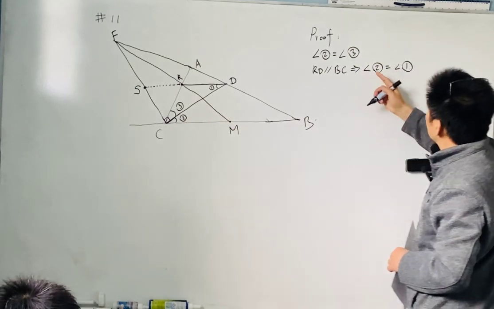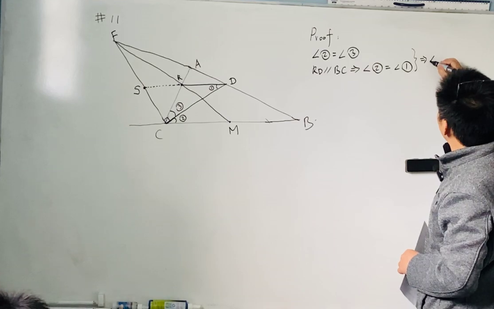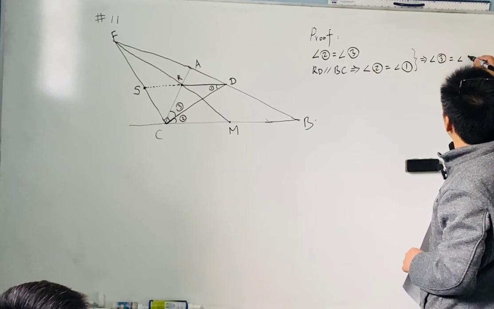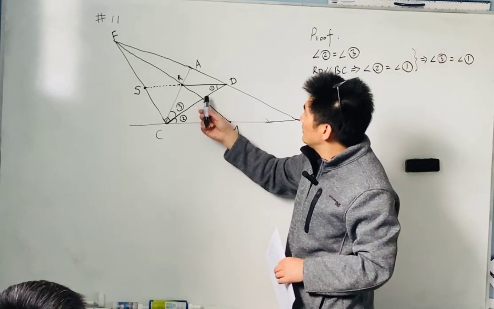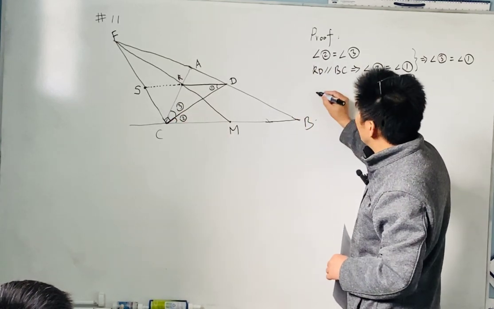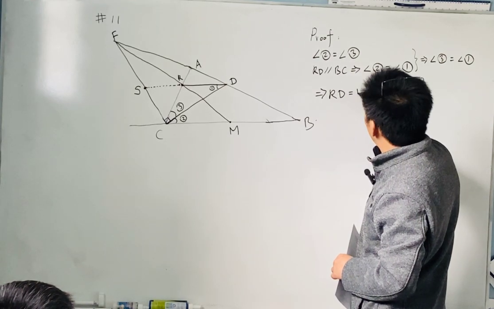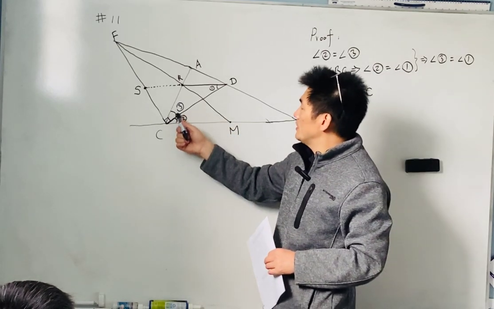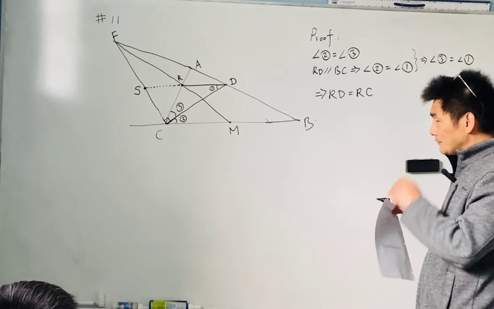So from here, we get angle 3 equals angle 1. So this side equals that side. So from there, we get RD equals RC, because this is an isosceles triangle.